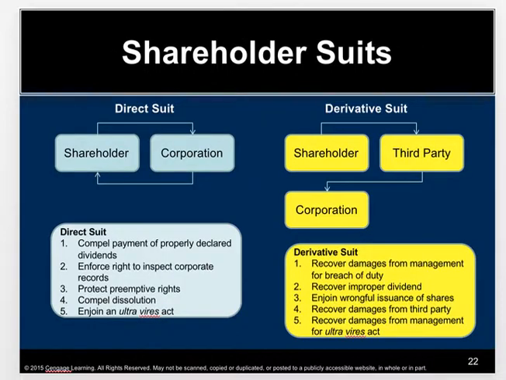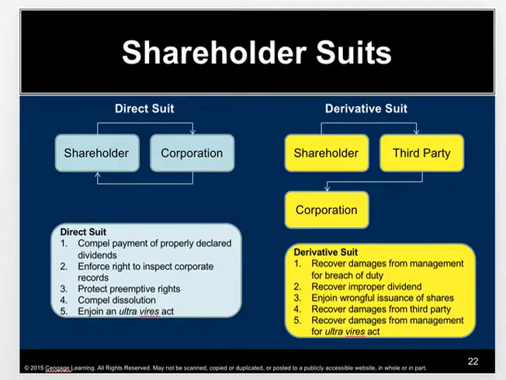So let's talk a little bit about lawsuits. Again, we talked about direct suits and derivative suits. In a direct suit, it's the shareholder suing the corporation. In a derivative suit, it's the shareholder suing a third party on behalf of the corporation. So that's how they work.